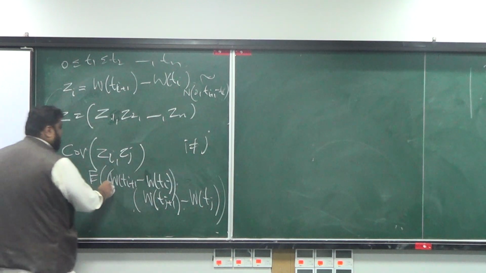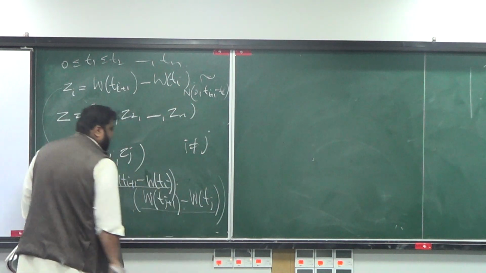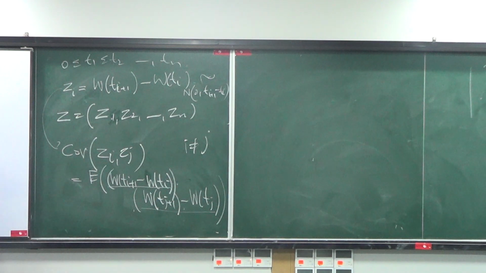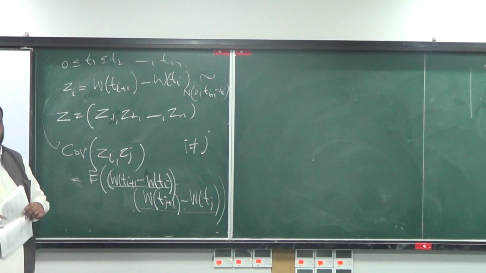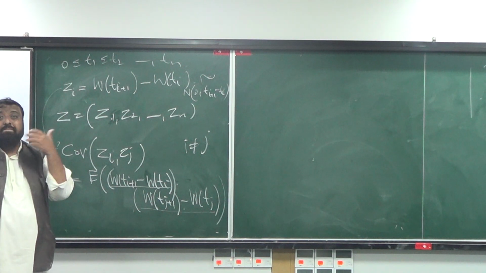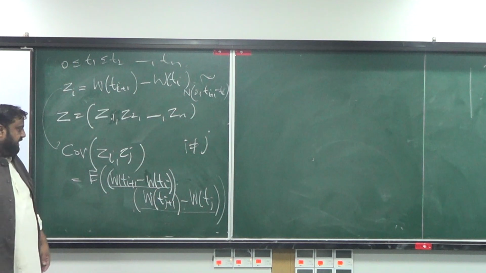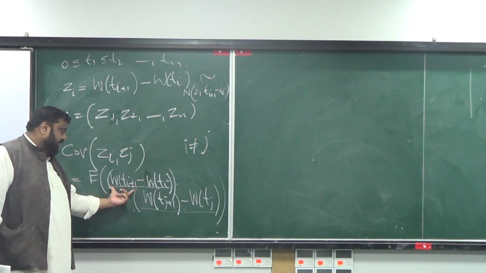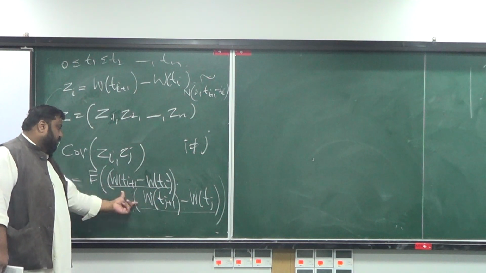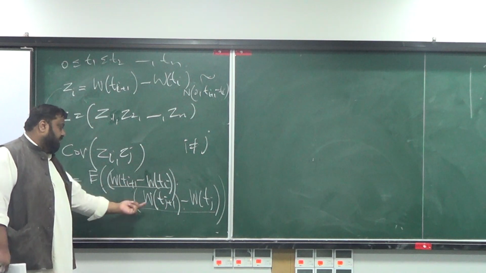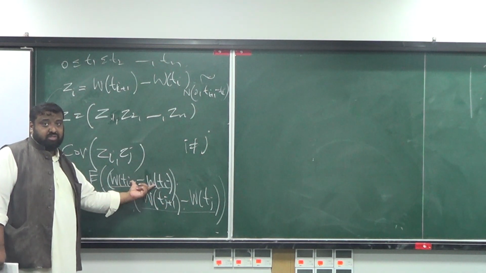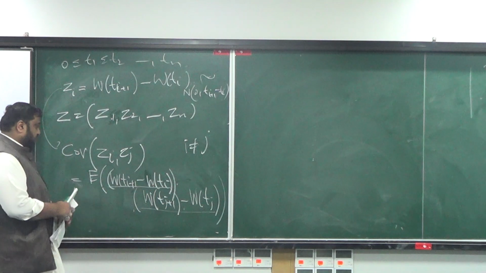Then do I know something about these two things? Look at the definition again. They are independent. So the expectation of two independent random variables is the product of the expectations.